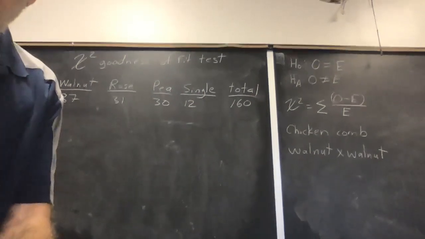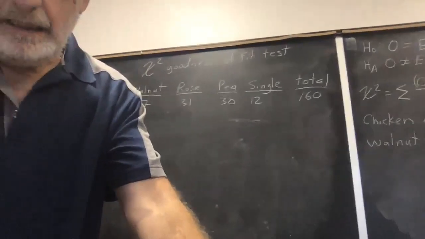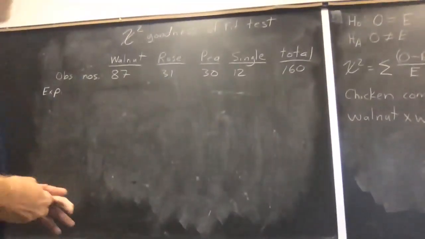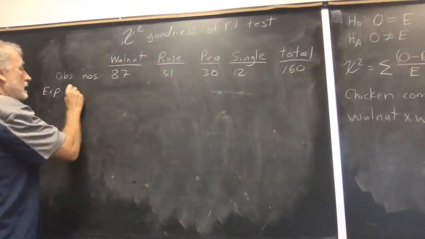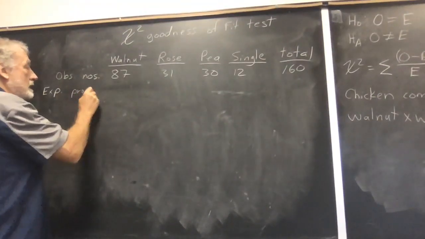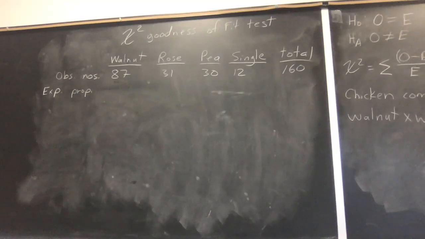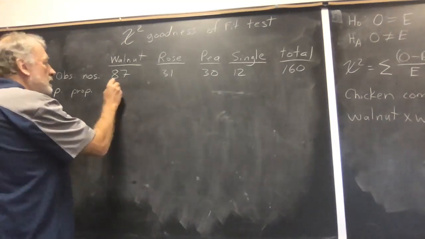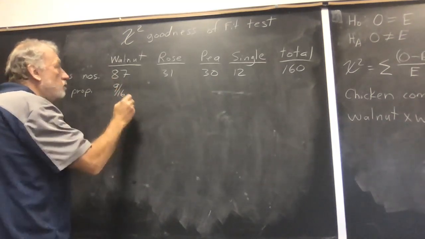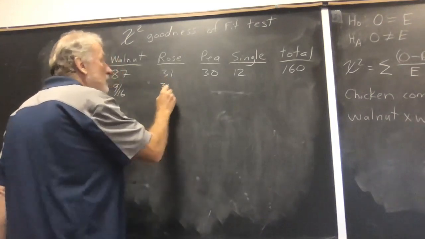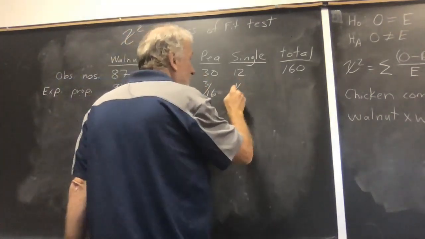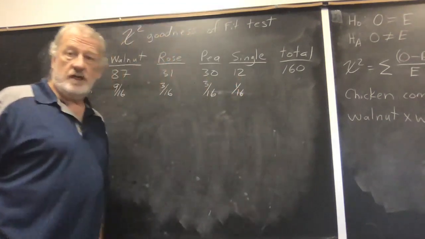Expected proportions. Assume, or we hypothesize, that this is a dihybrid cross with complete dominance, then 9/16 walnut, 3/16 should be rose, 3/16 pea, and 1/16 single.